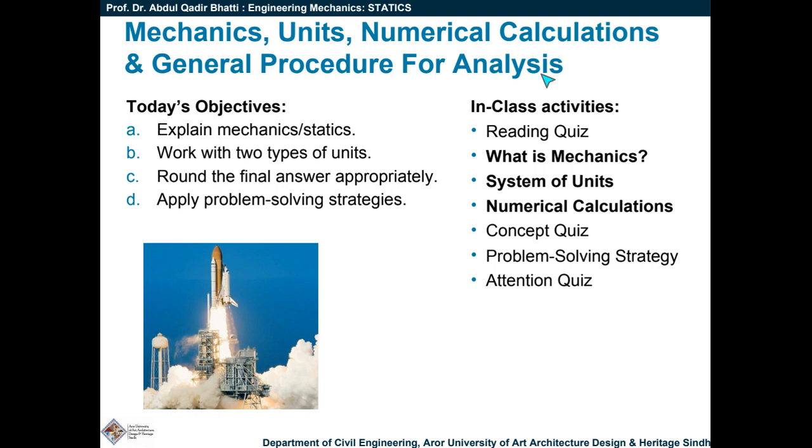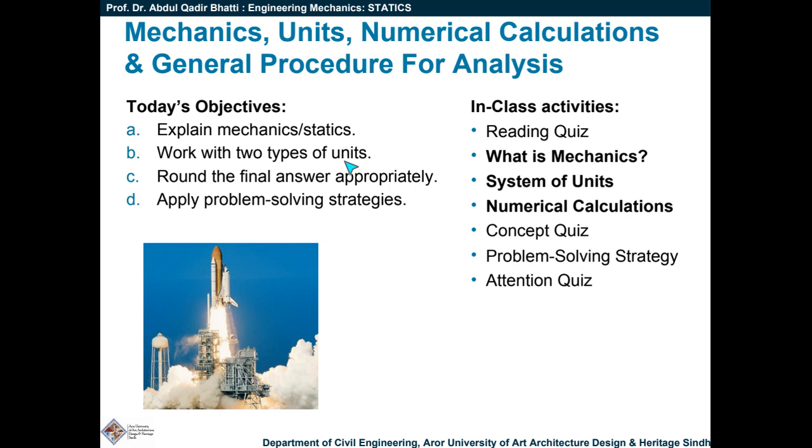So today we will see what is mechanics or what is statics. We work with two types of units. What are the two types of units? We have two types of measuring units.